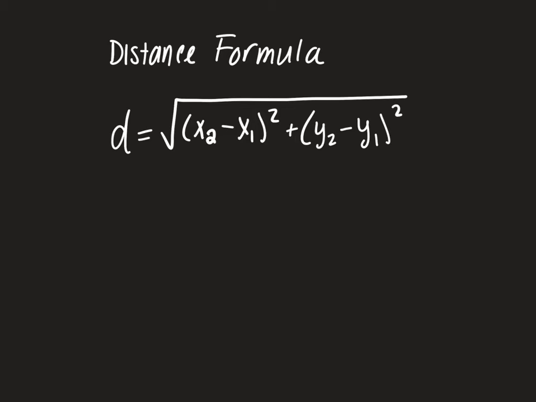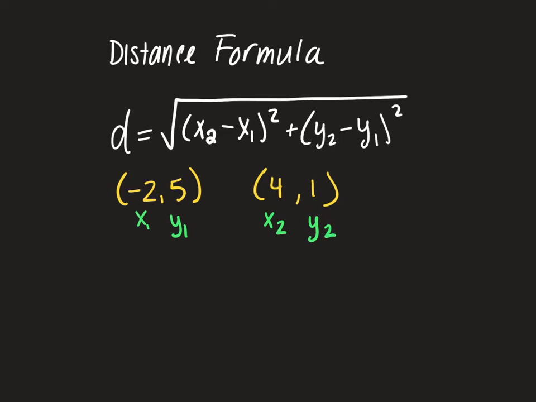Let's say we want to find the distance between the points (-2, 5) and (4, 1). This is going to be x1, and this would be y1, so the x coordinate and y coordinate of the first point. Then 4 would be x2, and 1 would be y2, the coordinates of the second point.